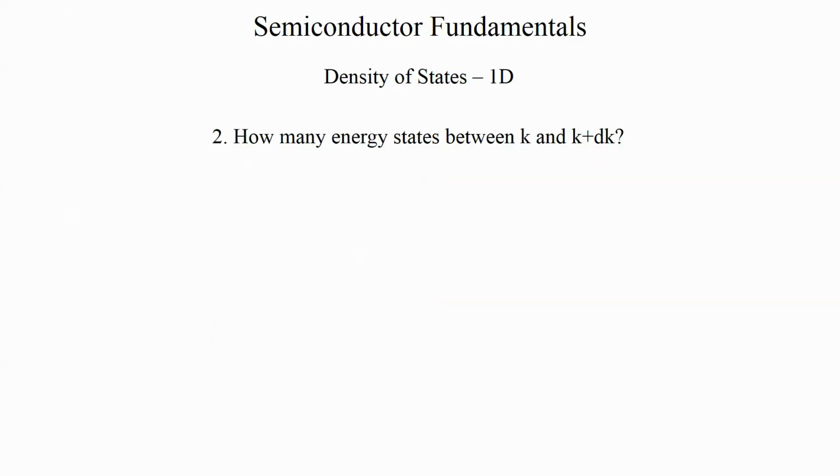And now the next question: how many solutions to Schrodinger's equation between k and k plus dk? So now let us extend our kx. You have this massive grid of points sitting on this line. It is a 1D case, so we only have one dimension, but you have so many points. So where is my k?